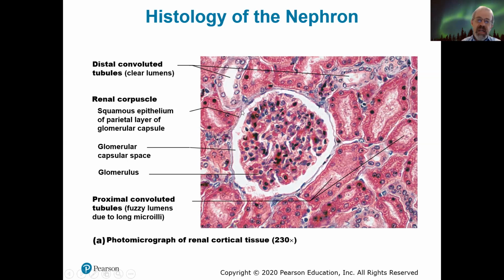This area right around here is Bowman's capsule, otherwise known as the glomerular capsule. These structures that you see in red, these coiled structures, this right here, as well as all these others, these are all proximal tubules.